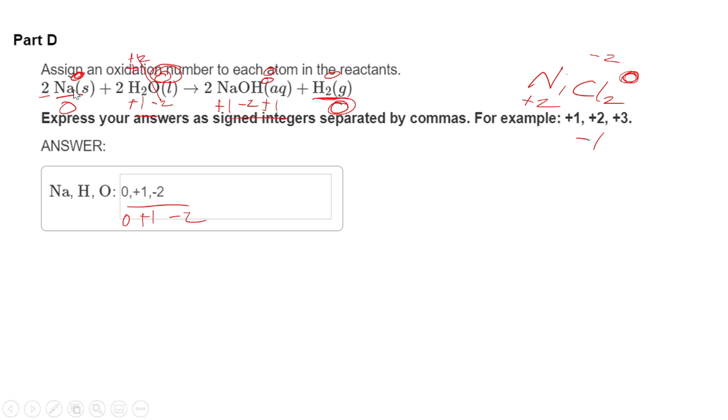Well, first off, if it's by itself, if there's literally nothing attached to it at all, then it can never be charged. It would have to have this charge up here. So it has to be connected to something. For it to be sodium plus, 1 plus charge, that is sodium plus, right? That would have a +1 charge.